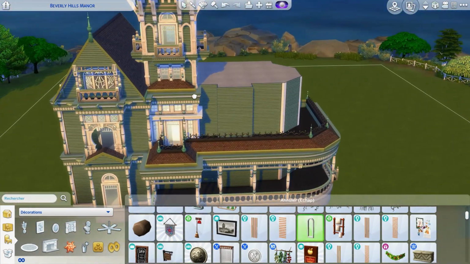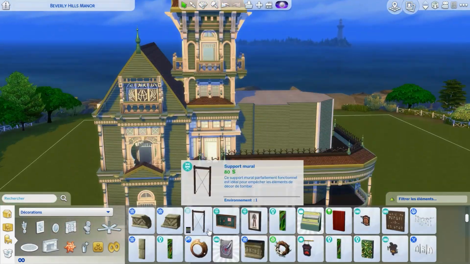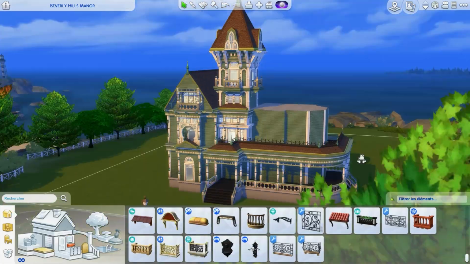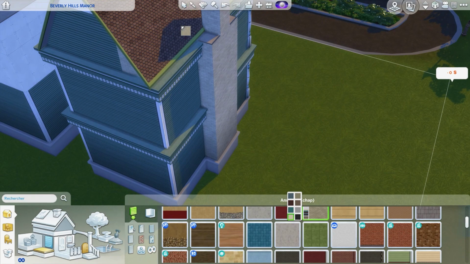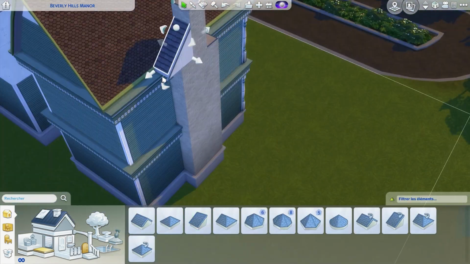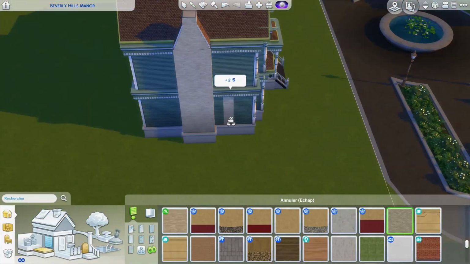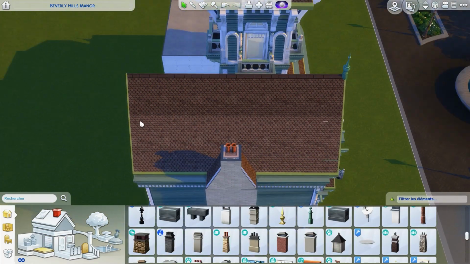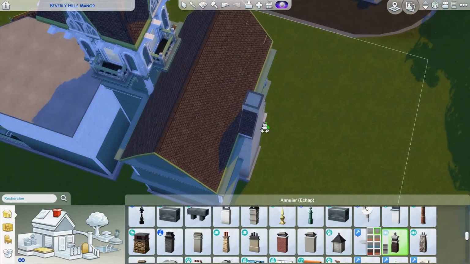And also, which is something that you already noticed in real life or in this build, there are a lot of details everywhere on the exterior. So we have very detailed gables, woodworks, ornaments everywhere.